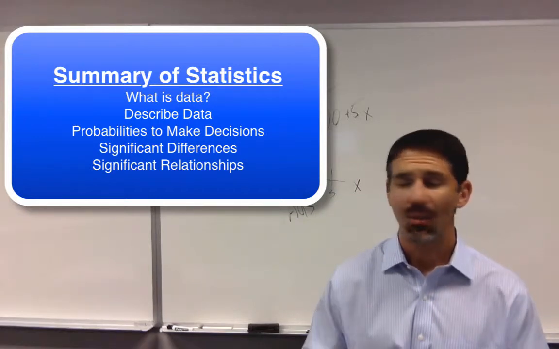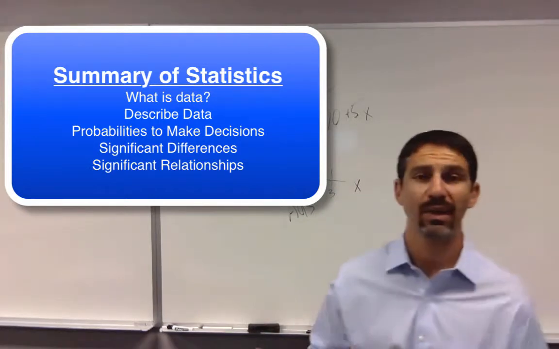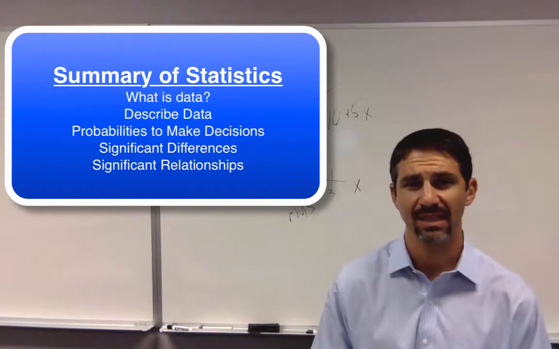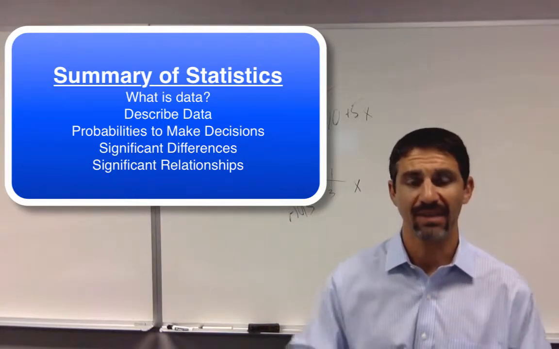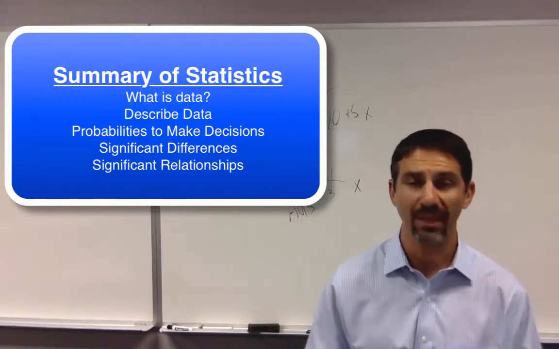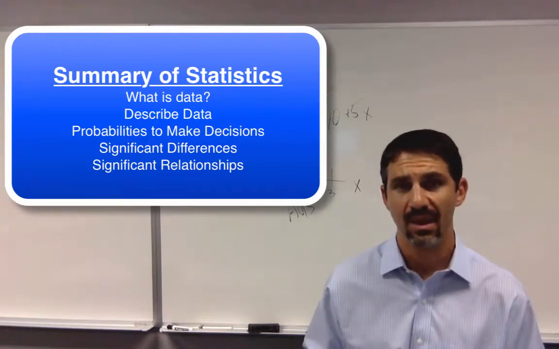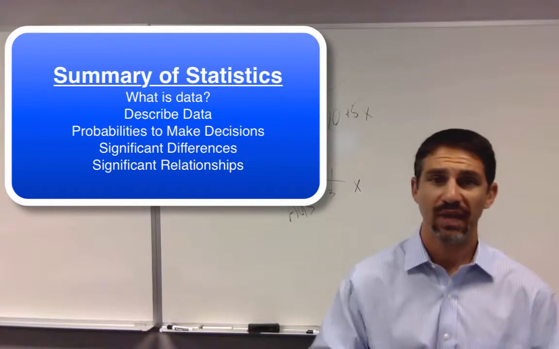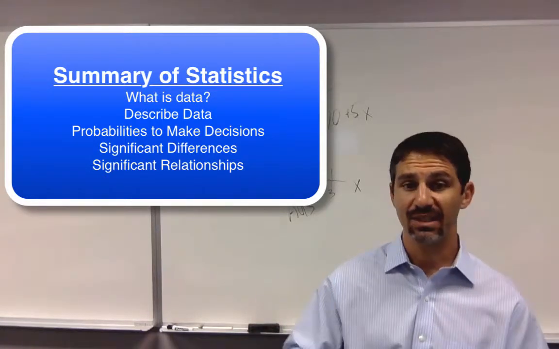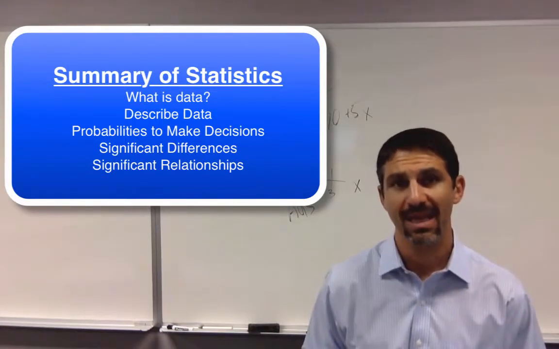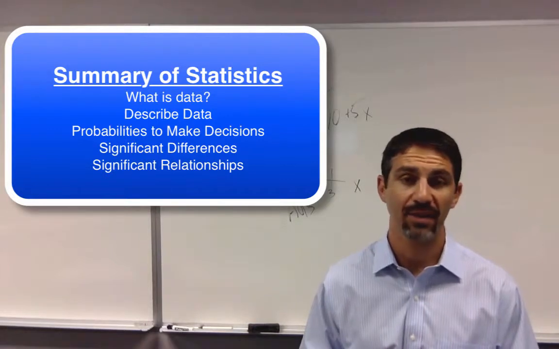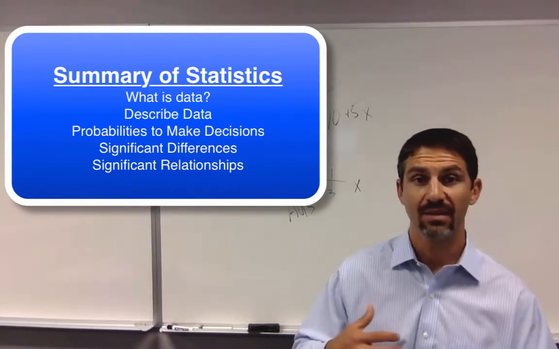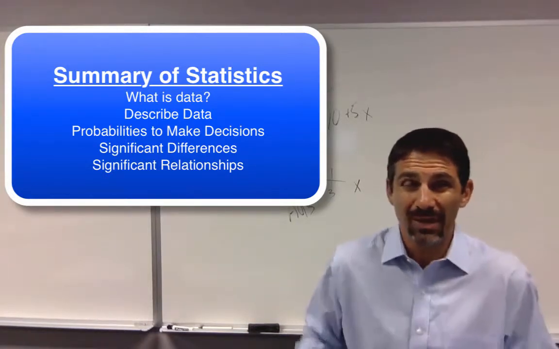So with that, why did we go through all of this? Why are we learning stuff about statistics? It's because data is out there. Data is going to be an integral part of every business. You have to be able to describe it like you did in the first couple of chapters. You then have to be able to make decisions, which is why you learn probabilities. And then you have to make determinations of whether your data is significantly different than what you expected.